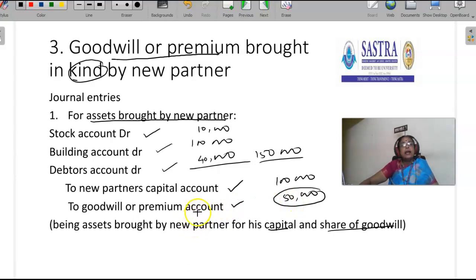Out of 1,50,000, 1 lakh may be brought for capital, 50,000 for goodwill. It may be changed, like 75,000, or 1,25,000 and 25,000. The amount which is brought for the purpose of capital should be credited to new partner's capital account. The amount which is brought for goodwill should be credited to goodwill or premium account.